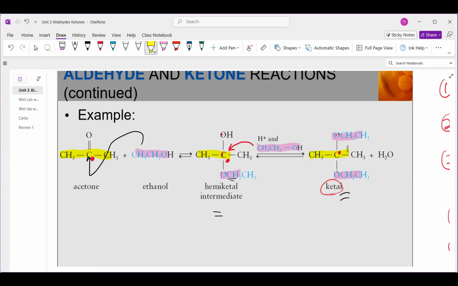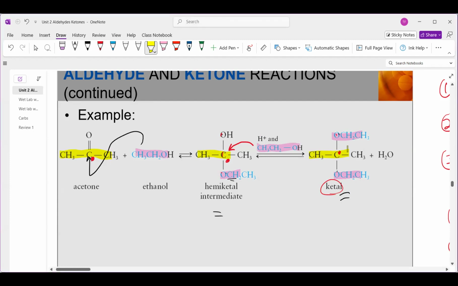Now, it's interesting. I ask a lot of chemists this question. Some books don't distinguish between an acetal and ketal. Some do. And so I asked a lot of my friends that are teaching organic chemistry, and they go, it doesn't matter. Some people like it.